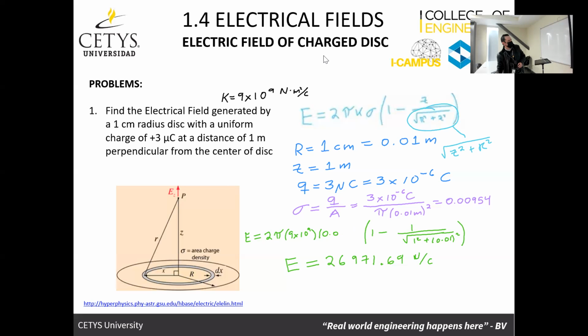It's 0.0954. We missed a zero there. If the calculation is correct, maybe the value is correct, but the point is going to be moved. So let's validate this one here. Please calculate and let me know if we need to change something here.